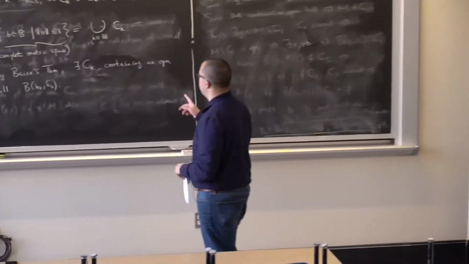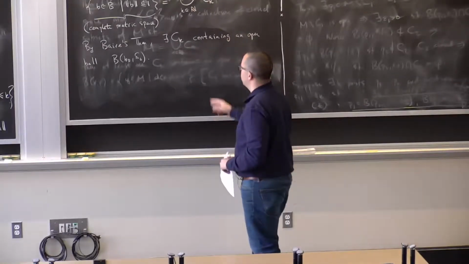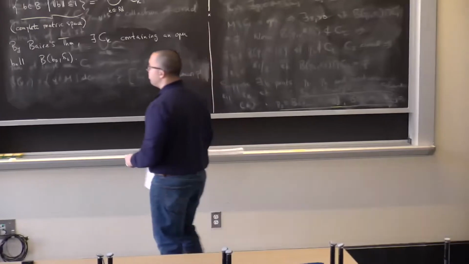So one of these C_k's contains an open ball. Now we're going to use this k to derive a uniform bound.